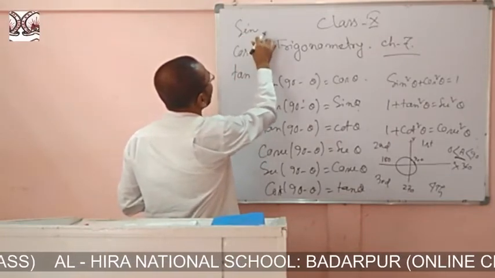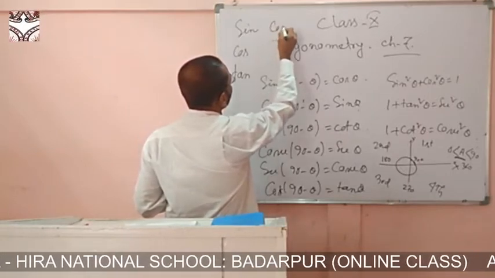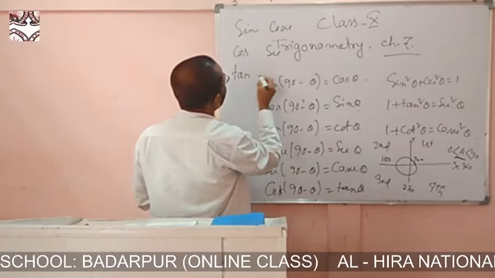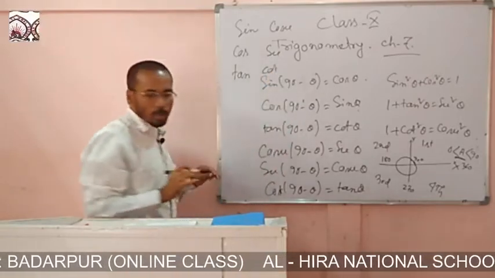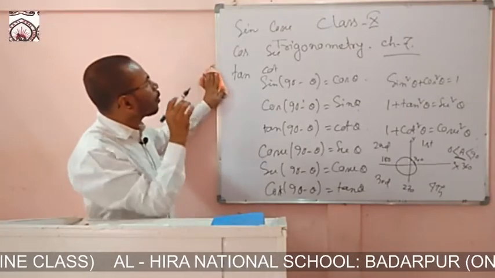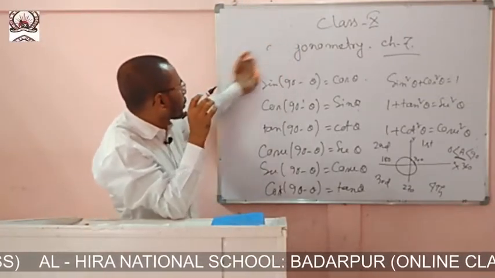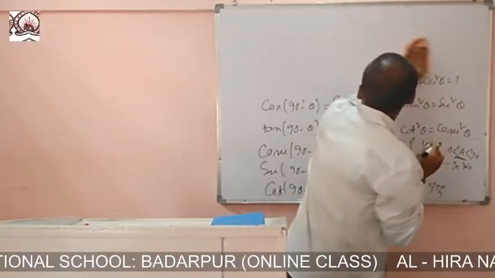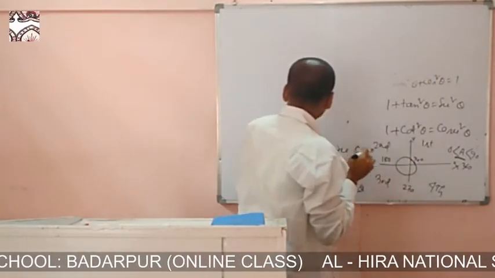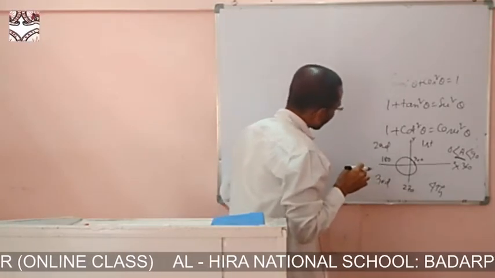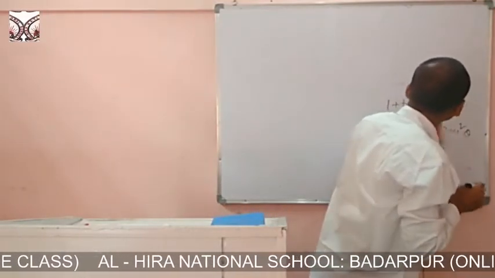The reverse of sine is cosec, the reverse of cos is sec, and the reverse of tan is cot. Another one is the quotient formula: tan theta is sin theta by cos theta, and cot theta is cos theta by sin theta. This is called the quotient formula.